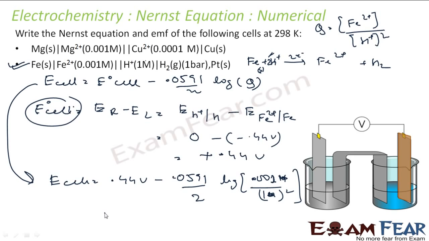So you solve this, you'll get 0.44 volt plus, actually, because this is 0.001, this becomes log of 10 to the power minus 3, so this whole thing becomes minus 3. Minus 3 into minus becomes plus, and you multiply by 0.059 by 2, which gives 0.089 volt, and that is nothing but 0.53 volt, and that is my answer.